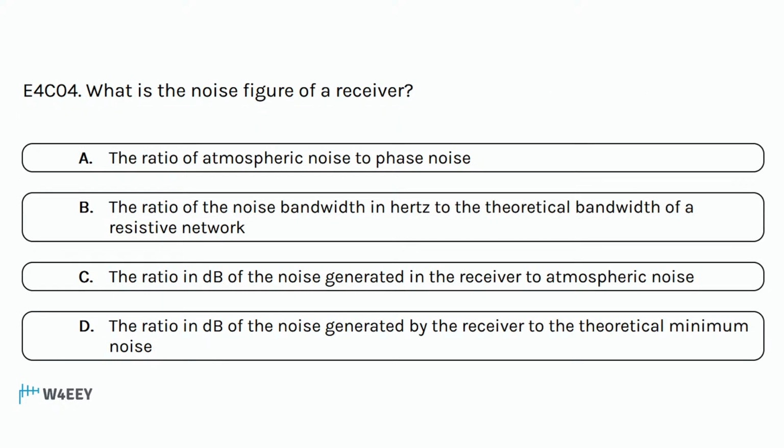What is the noise figure of a receiver? Delta. It is delta. It's the ratio in dB of the noise being generated by the receiver to the theoretical minimum noise.